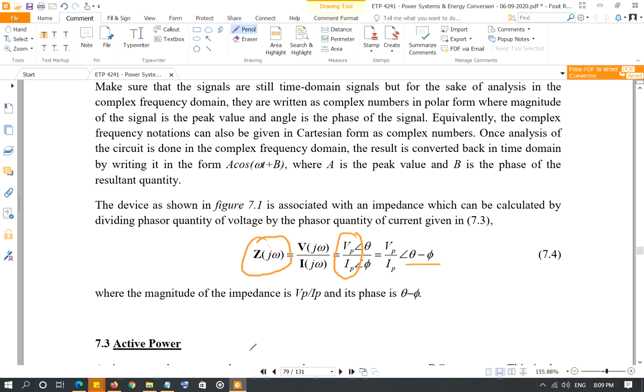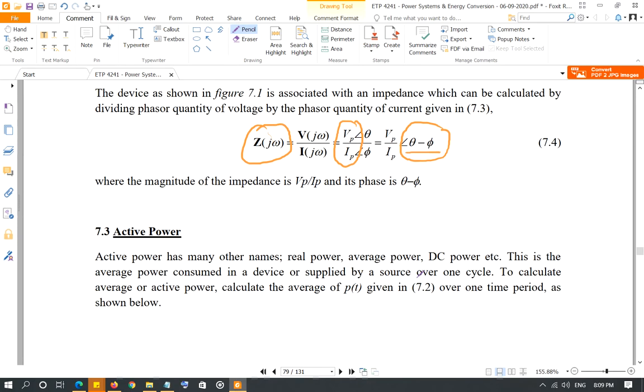So this is your magnitude, and this theta minus phi is the angle of the impedance. As you will see, this theta minus phi will have utmost importance in power systems, because this is the angle that is associated with the power factor, as we will discuss shortly.